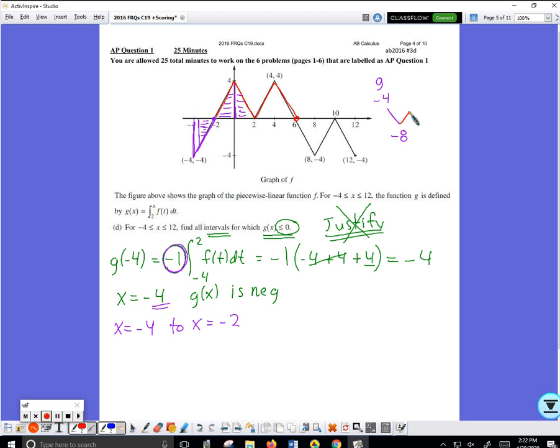When I integrate, okay, I already know I'm at negative 8. So if I did g of 2, didn't do that one earlier, let's do that real quick. G of 2, that's going to be the integral, oh, that one's easy, from 2 to 2 of f. So that's equal to 0.